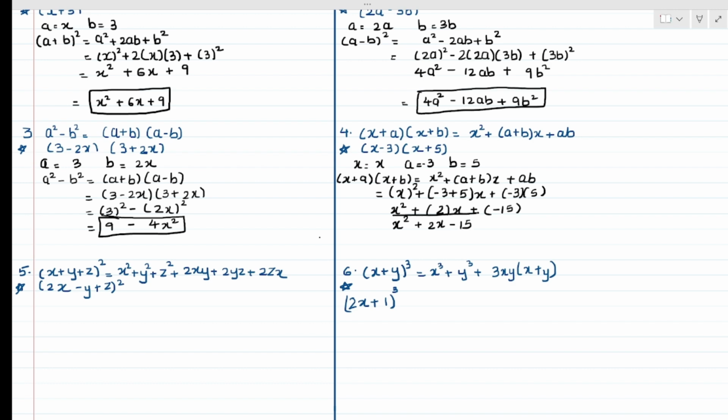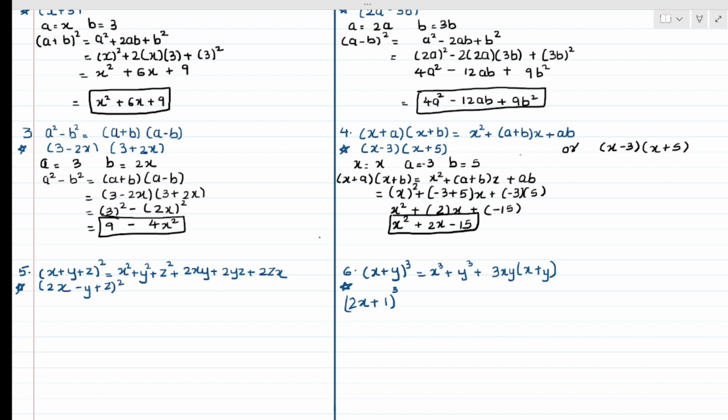You can solve this sum by using your identity, as well as by another method which I am going to show you here. Let's write our example (x - 3)(x + 5).